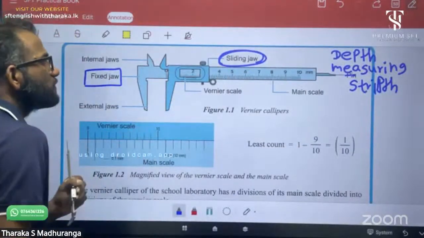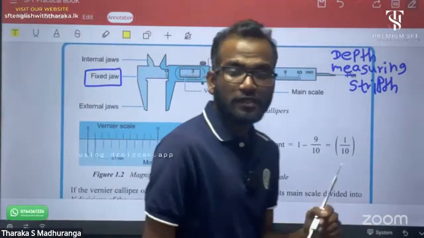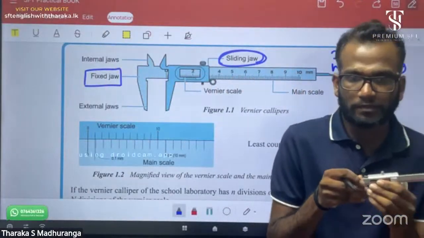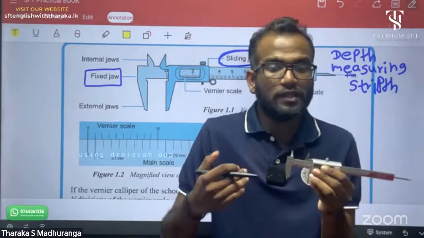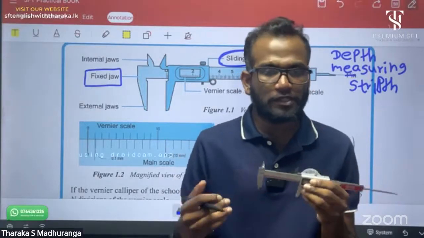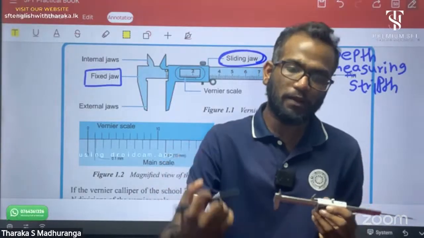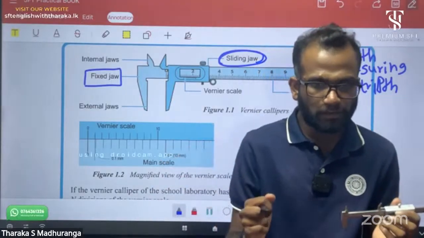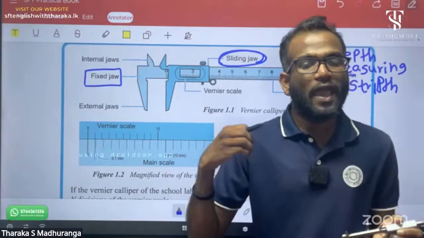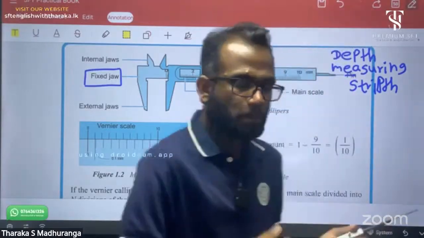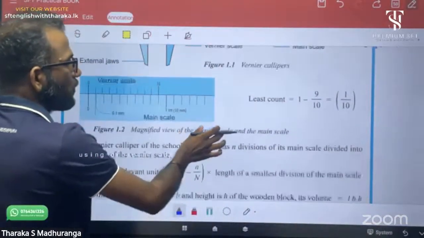Okay, the next thing is how to calculate the least count of this type of vernier caliper. What is the meaning of least count for any measuring instrument? The smallest measurement that can be accurately obtained by an instrument.